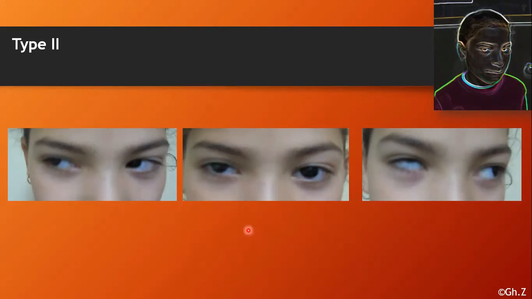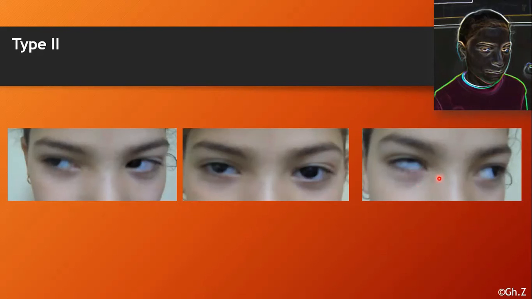All right. So in the primary position, there is exotropia. Looking to the right, the abduction is okay, it is normal. But looking to the left, there is upshoot, and we consider it as a limitation because the eye doesn't move medially.